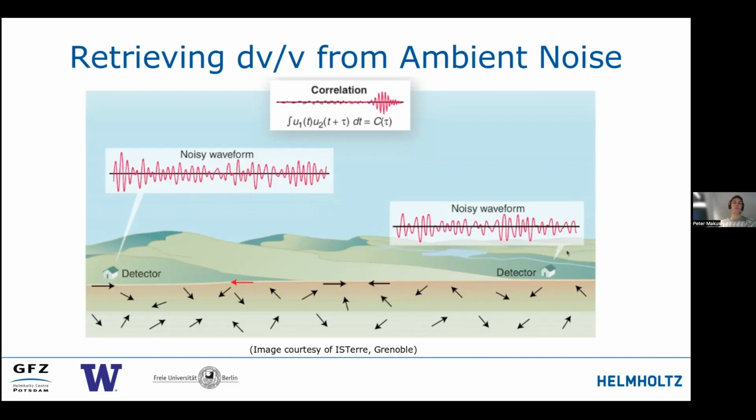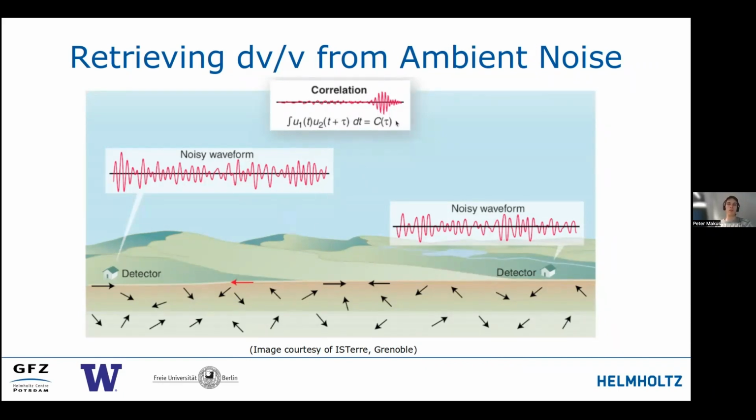Turns out this is not just noise by its definition, but this is actually signal as well. And we can obtain a coherent part of the signal by calculating a cross correlation between these two signals, and this is shown up here. In this sketch, we can see something emerges, and there's this bit where the amplitude of the correlation is a lot higher, and this is when the noise from station A has traveled to station B. So let's say after a lag time of 10 seconds, depending on the wave speed, we get this ballistic arrival.